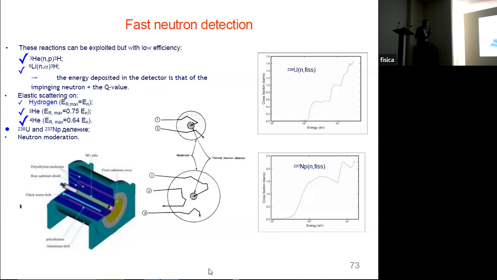This technique also allows you to detect and measure fast neutrons. There are some other reactions, but they're not frequently used as well. You can use them, but it's not so conventional.